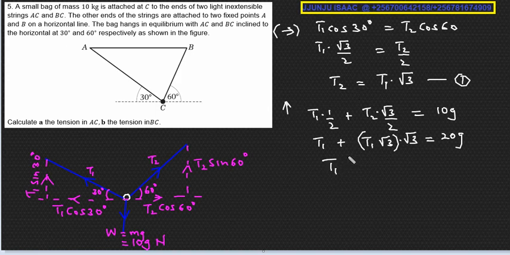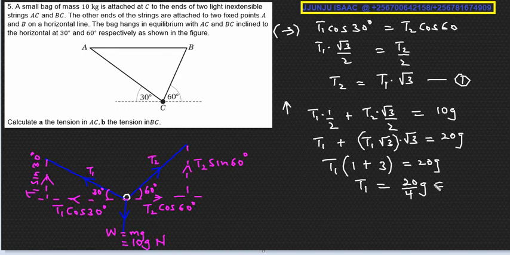So T1 will be equal to 1 plus, now when we look at this, we shall be left with 3, because root 3 times root 3 is 3, equal to 20G. So our T1 is going to be 20 over 4G, giving us 5G.